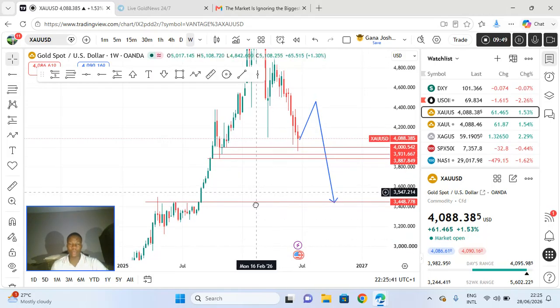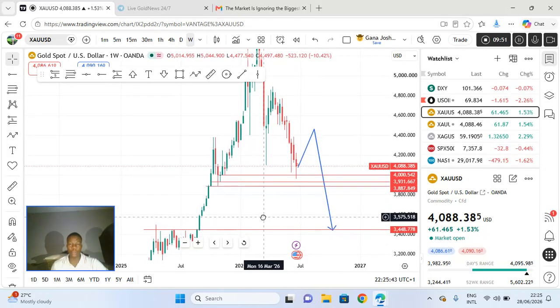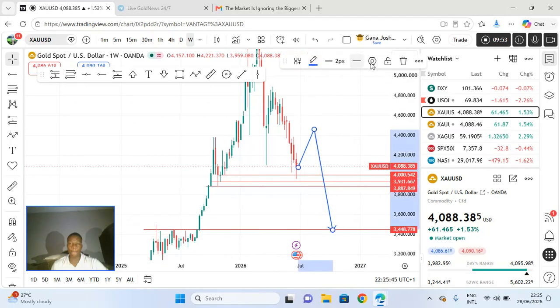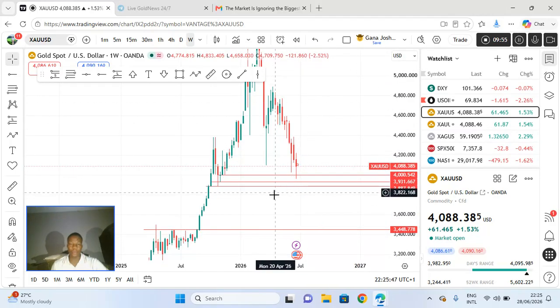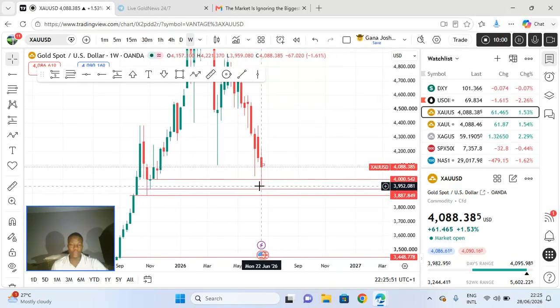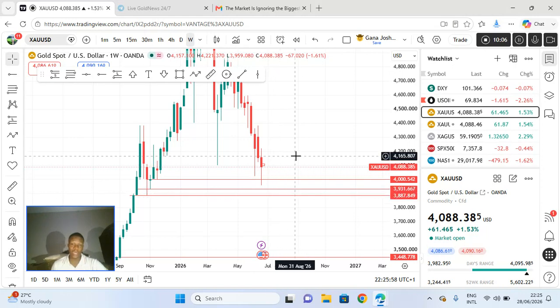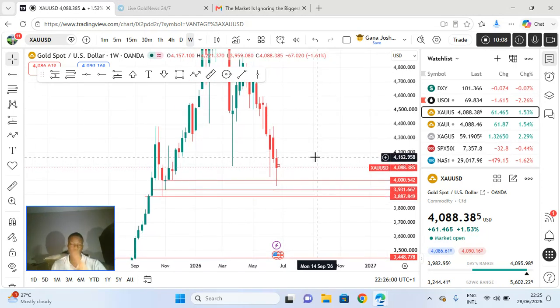But is this level going to hold up? You could see the momentum already happening, with price tapping this liquidity keeping the trend, because last week started bearish, just like we said in our analysis.